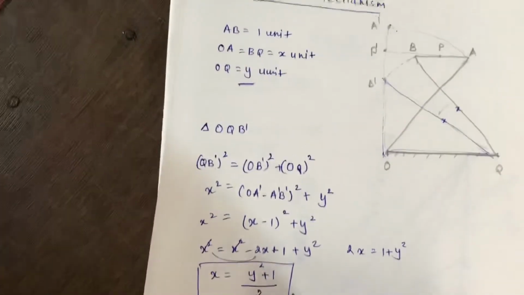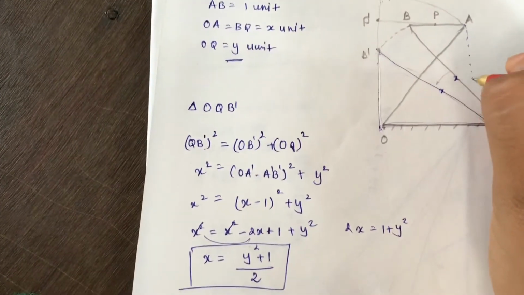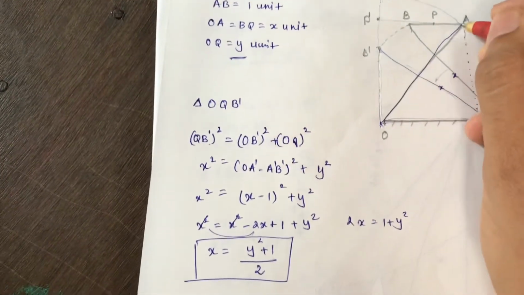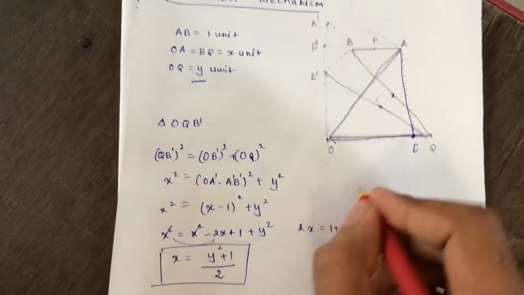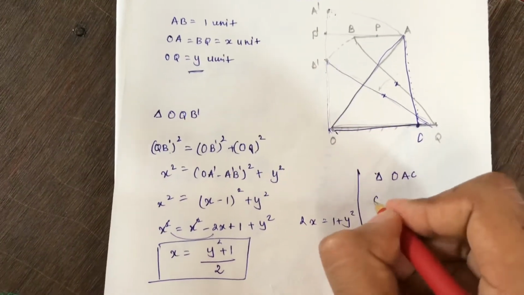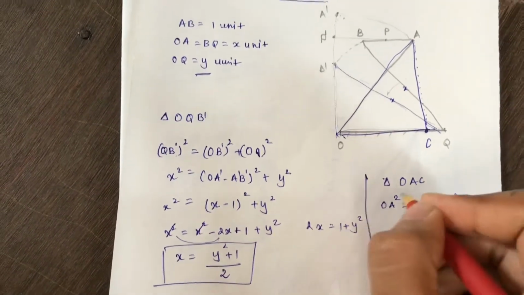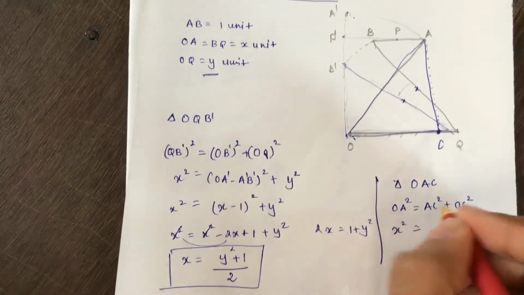In the same way, let's consider this new position, where the vertical line over here intersects at C. So in this new triangle OAC, we can write the Pythagoras theorem: OA square equal to AC square plus OC square. What do you mean by OA square? OA square is again X square.